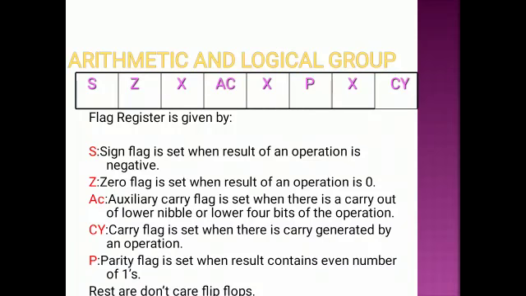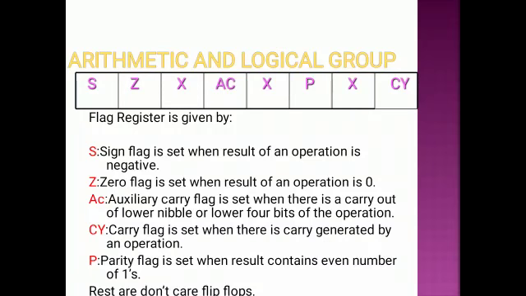First we will discuss the sign flag. Sign flag is set when the result of an operation is negative. Zero flag: when we add two numbers and the result of an operation is 0, this flag is set to 1, otherwise 0.